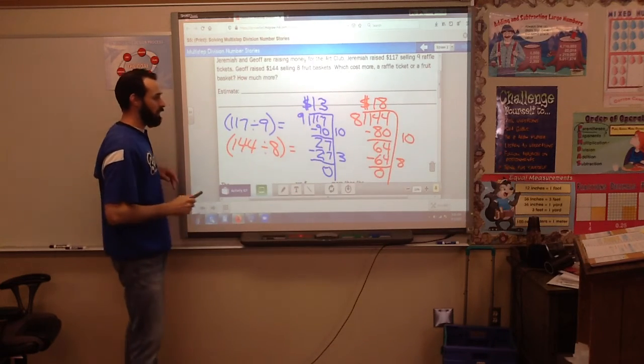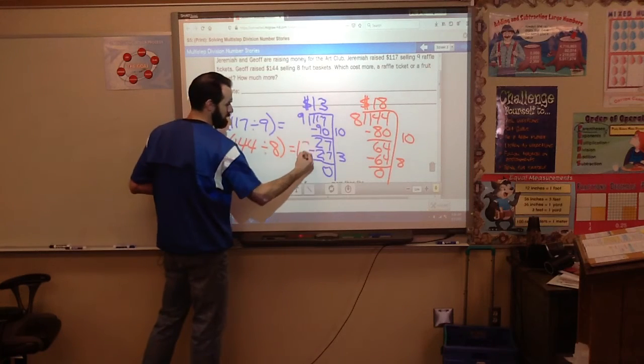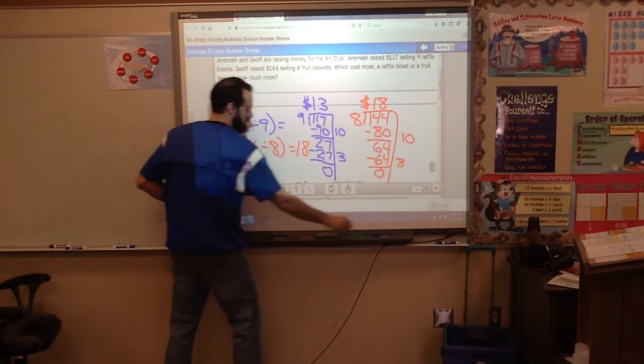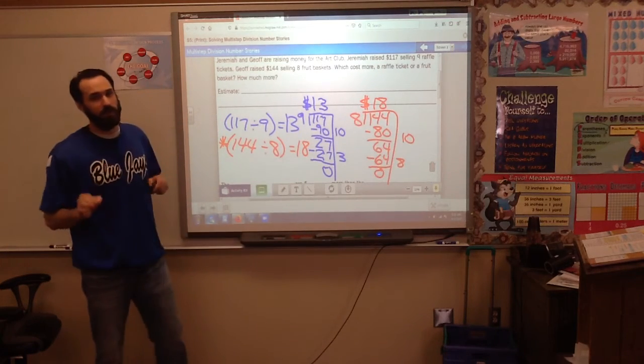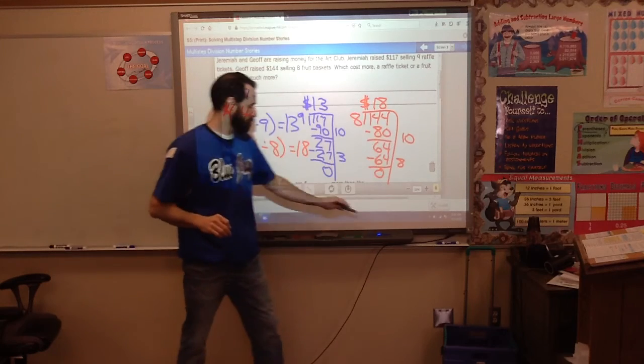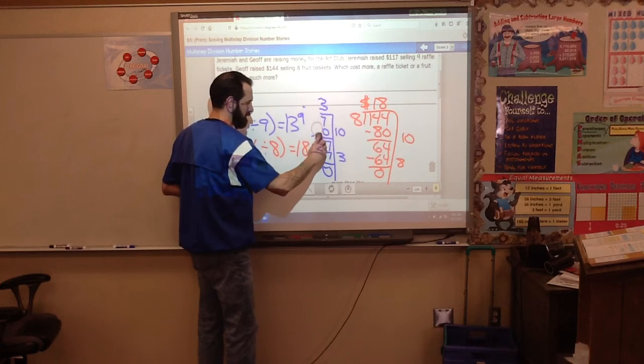So now here's what I know. I know that this one is 18, and I know that this one is 13. So I know this one's bigger, because we haven't written our number model with unknown yet. I'm going to erase this work. Hopefully you have that.